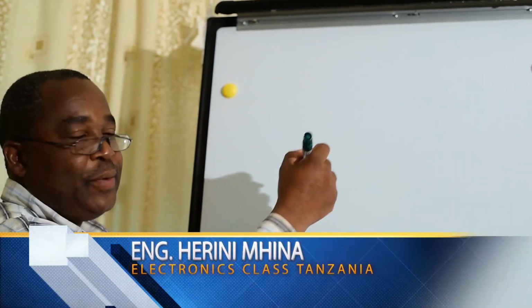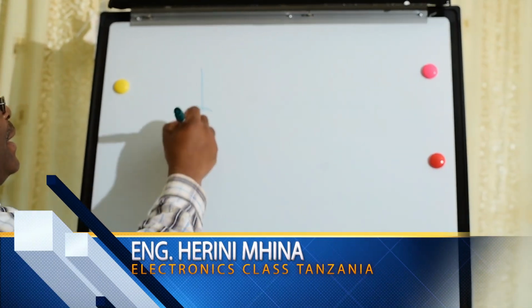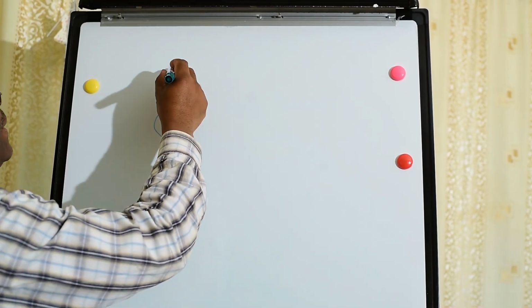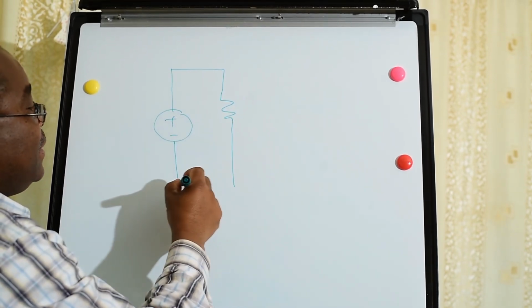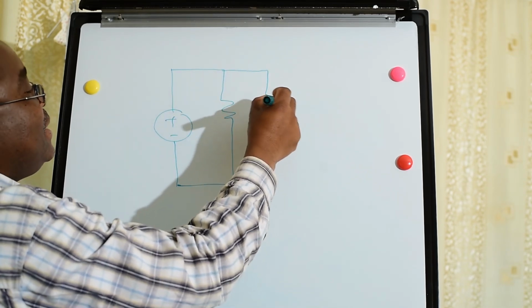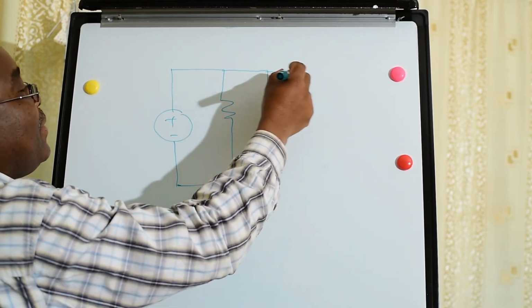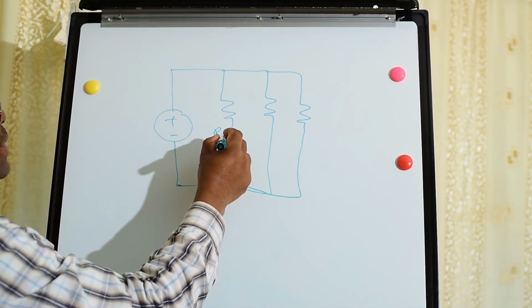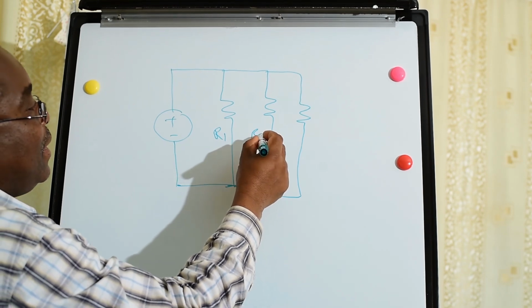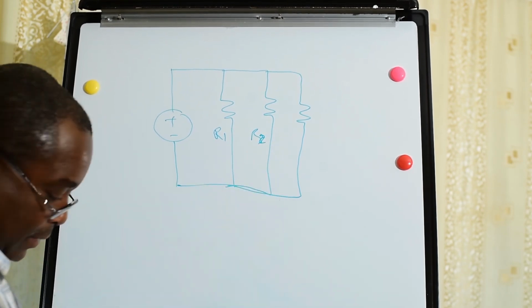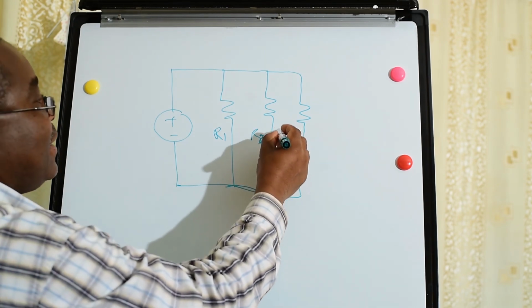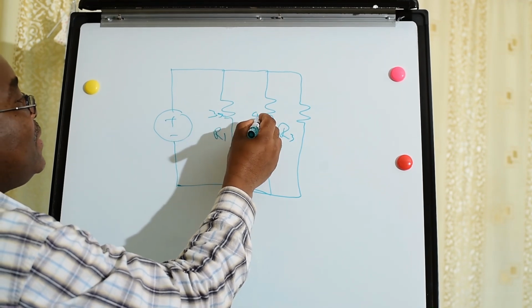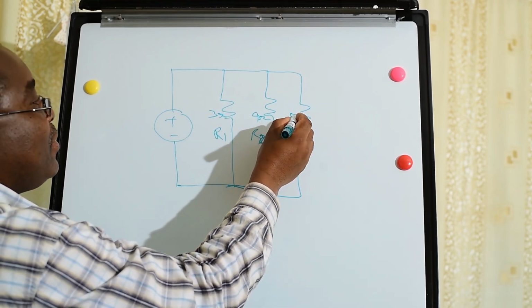Okay, guys, let's continue Ohm's law in a parallel circuit. We have 3 resistors: R1, R2, and R3, which are 3 ohms, 4 ohms, and 5 ohms.